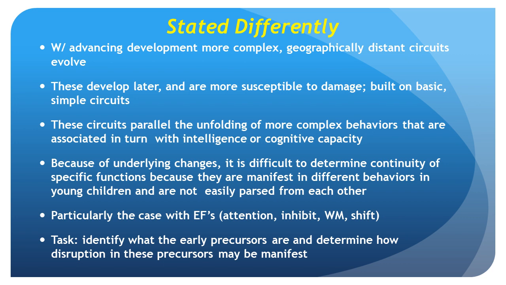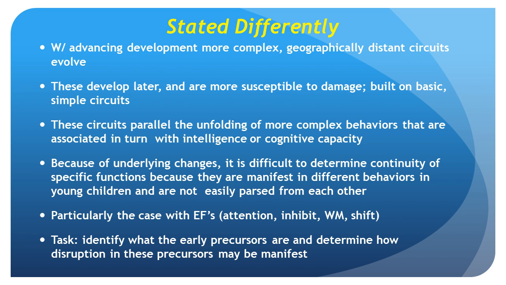Stated differently, with advancing development, more complex geographically distant circuits evolve. These develop later and are more susceptible to damage. They are built on basic, simple circuits. These circuits parallel the unfolding of more complex behaviors. It is difficult to determine continuity of specific functions because they are manifest in different behaviors in young children and are not easily parsed from each other.